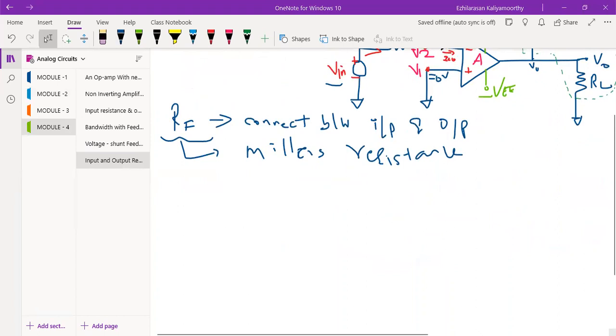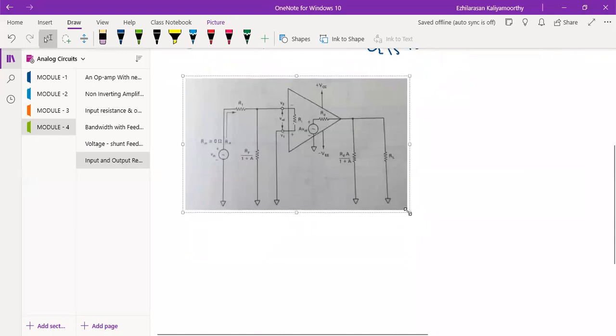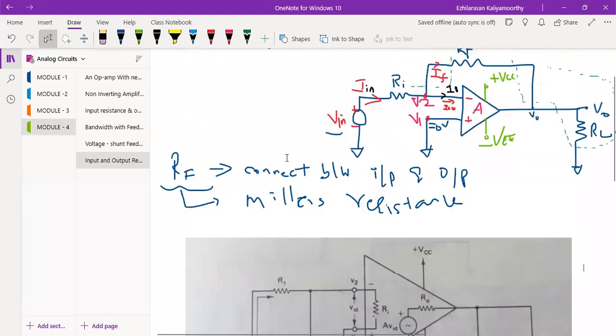For that, we need to consider the diagram, that is the inverting amplifier with the Millerized feedback amplifier. So let me put the diagram up. I hope this diagram is visible to you.